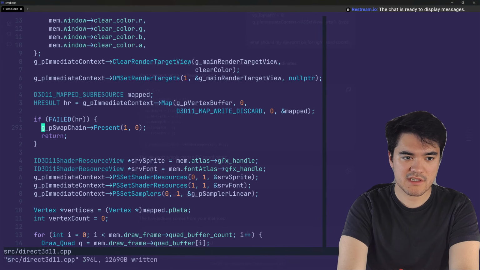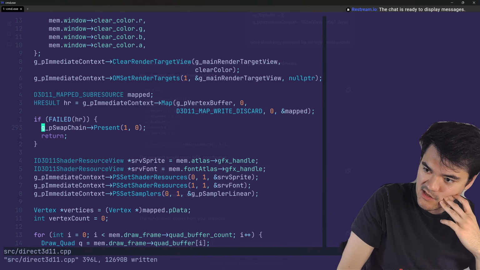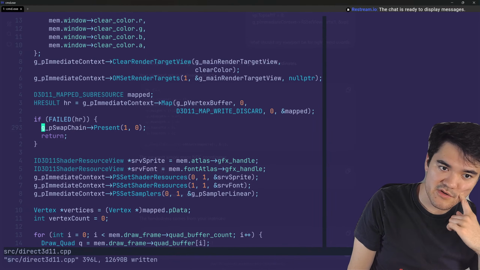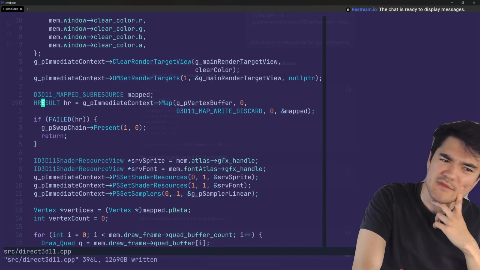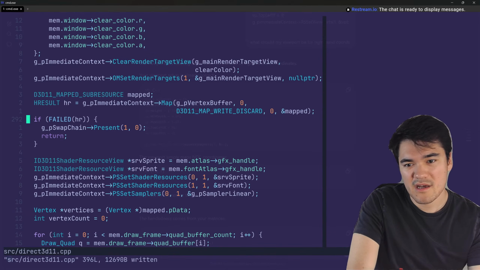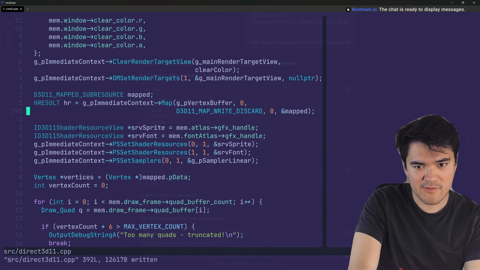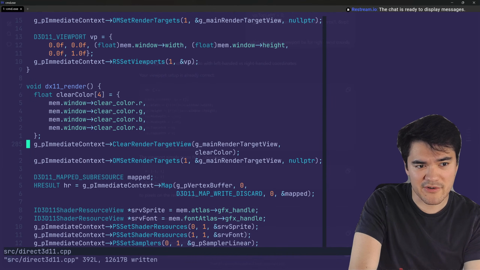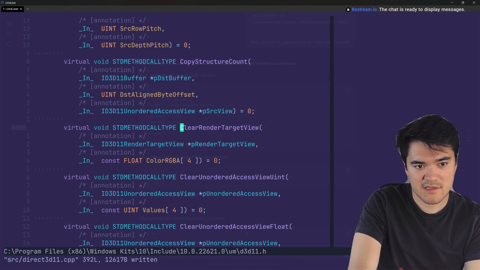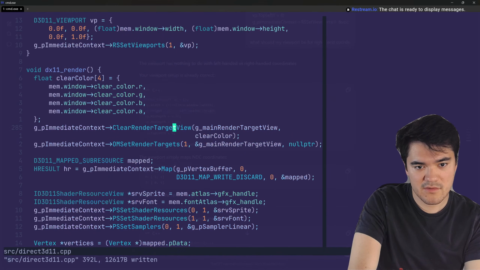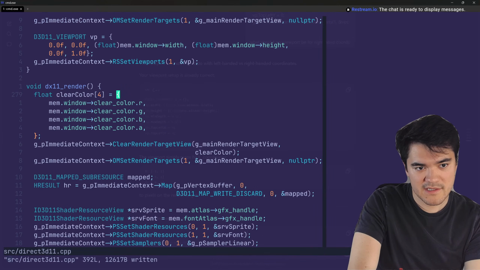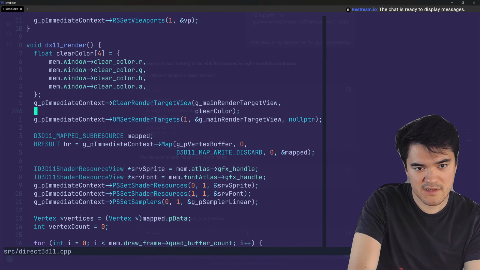Oh, this is if you failed to map, then you just keep. Oh no, that makes sense. That's your early bail out if you lose communication for some reason. I actually prefer not to have that because that would probably lead to more subtle bugs. Okay, this looks like the thing we want to do basically. Yeah, it's fine. That's one we don't really have to do, but that's okay.